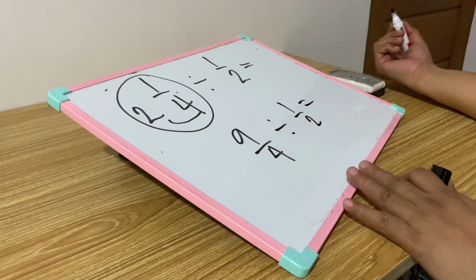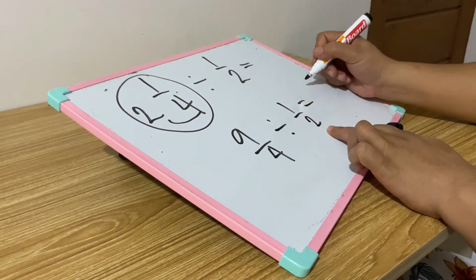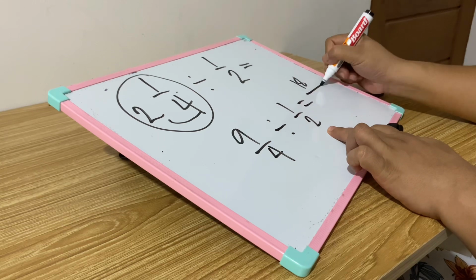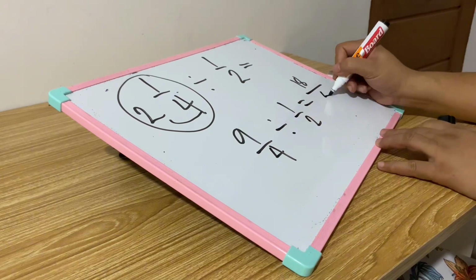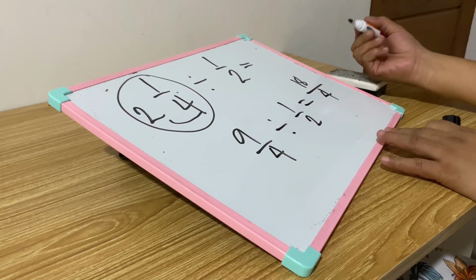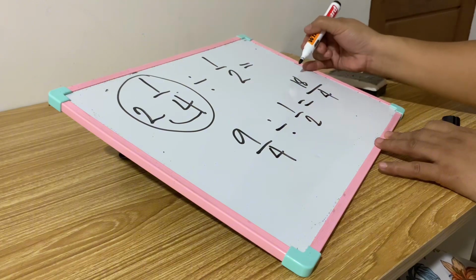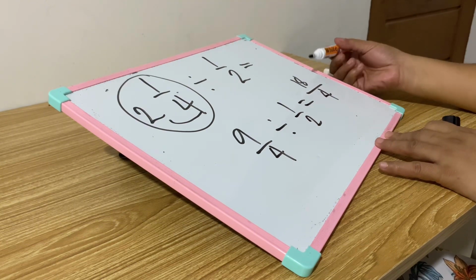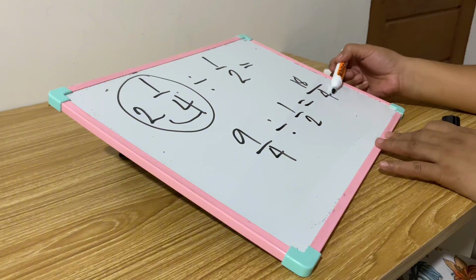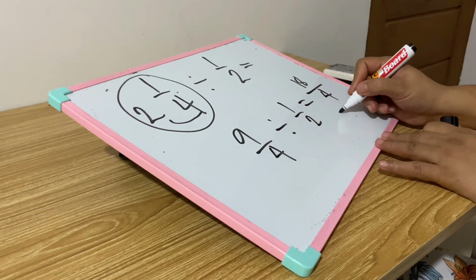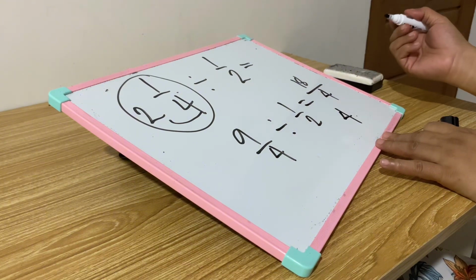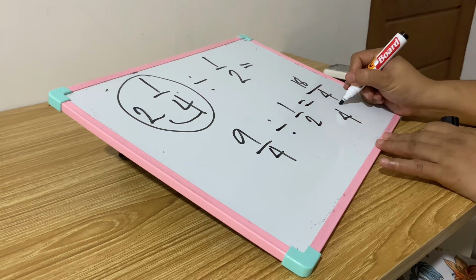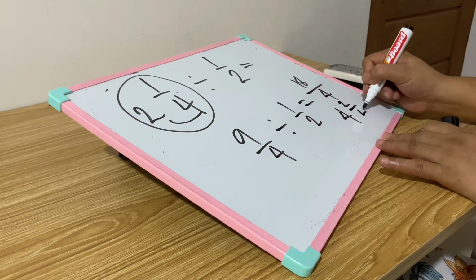So what's the answer? 9 times 2, 18 over 4. So, this time it is an improper fraction. So let's divide. 18 divided by 4, you'll get 4, remainder 2, and that is 2 over 4.